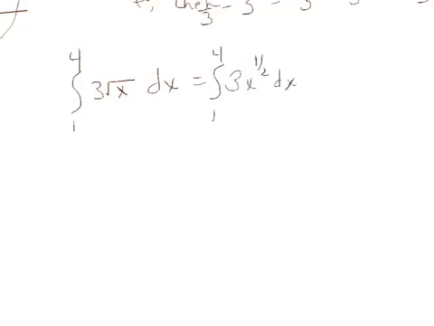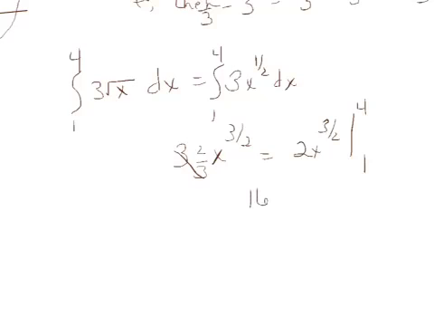So when we integrate, we get 3 times x to the 3/2 times 2/3, or 2x to the 3/2, and I'm going to evaluate that at 4 and at 1. Now the square root of 4 is 2, and 2 cubed is 8, and 8 times 2 is 16, minus 2, so here we get 14.